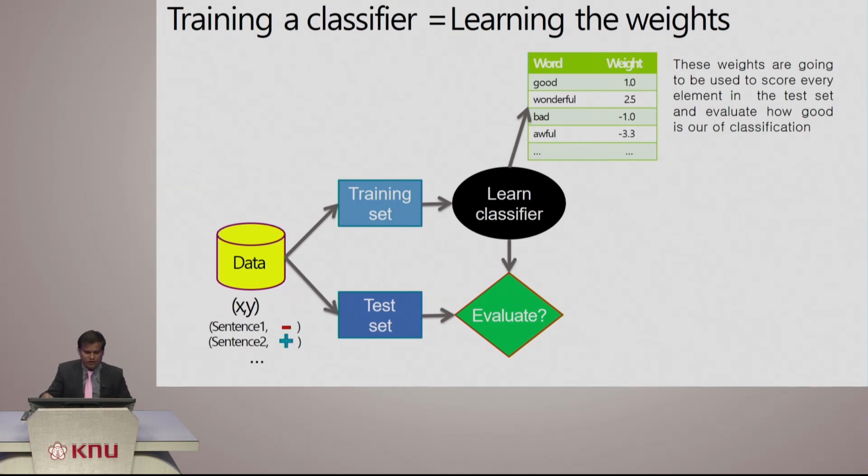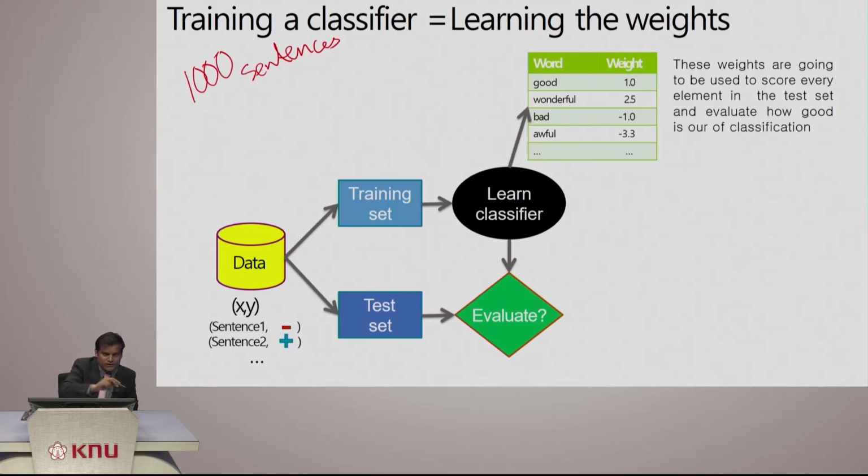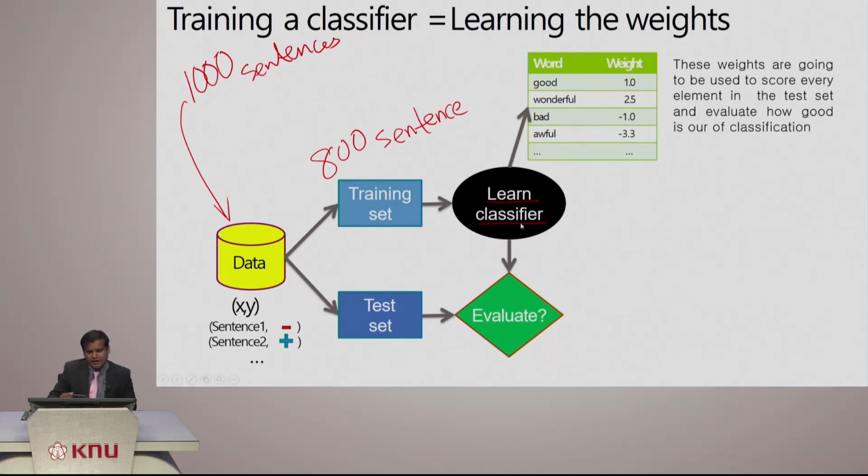Say for example you have 1000 sentences in the data, and you are going to split them into 800 sentences for the training set, where the classifier learns the whole process, and the remaining 200 sentences maybe for testing.